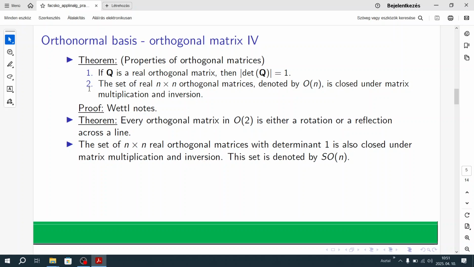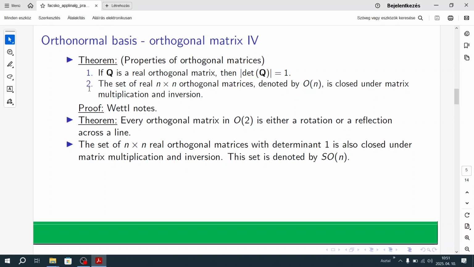If Q is an orthogonal matrix and the elements are real numbers, then the absolute value of its determinant is 1. Okay, for this example, 0, then it's -1.